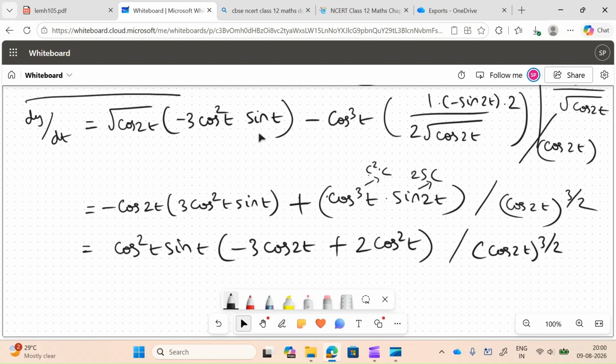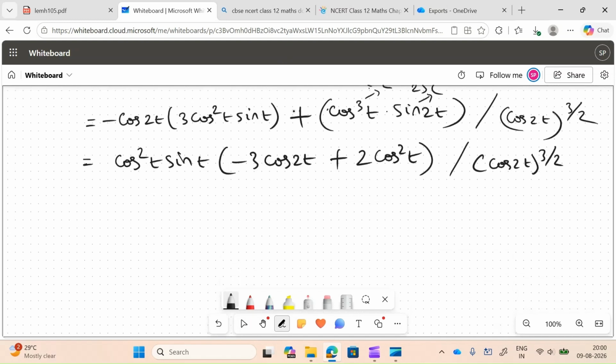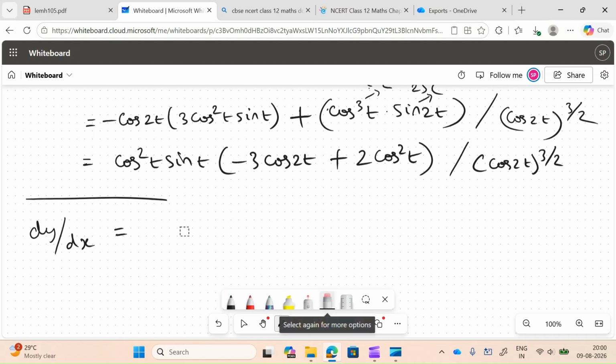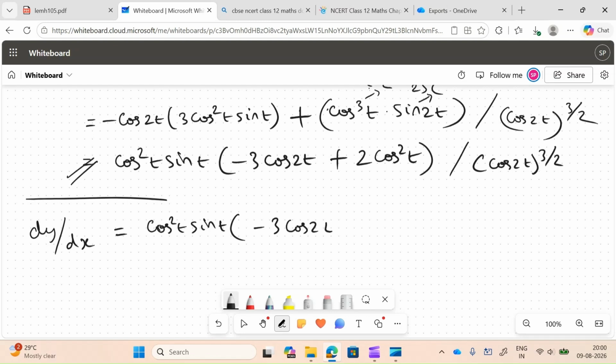Okay, now comes the simplification. Your dy by dx will be, what do you have? This will be dy by dt by dx by dt, right? So this is dy by dt, from here cos square t sin t times minus 3 cos 2t plus 2 cos square t, right?